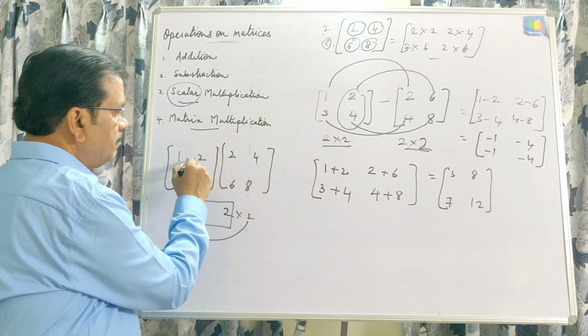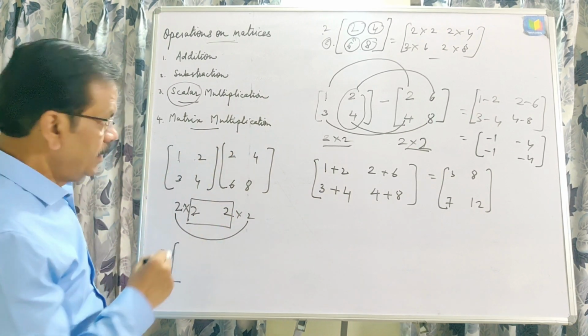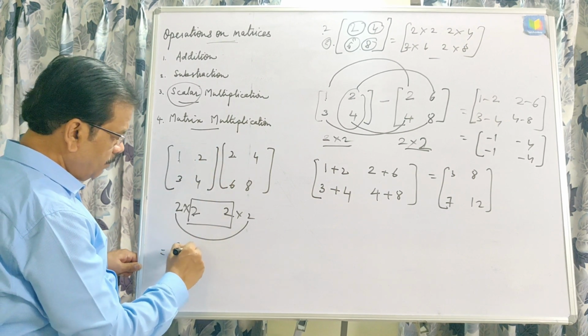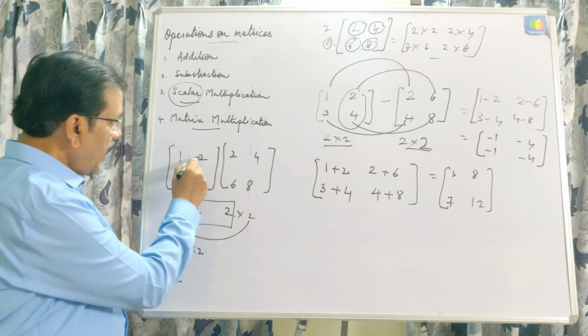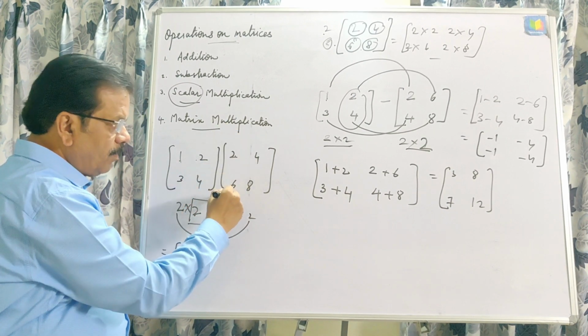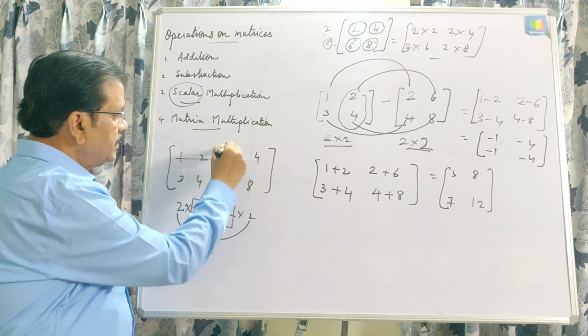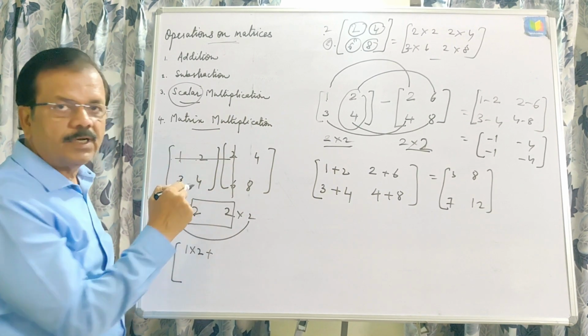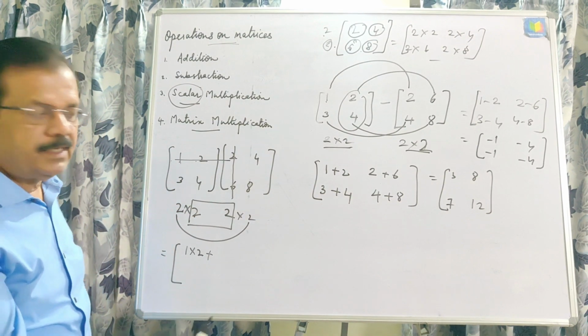Okay. Now how are we multiplying? Corresponding elements are multiplied and added. First row, you should learn this rhyming sentence.